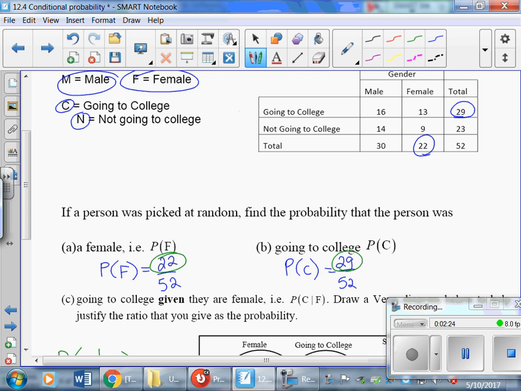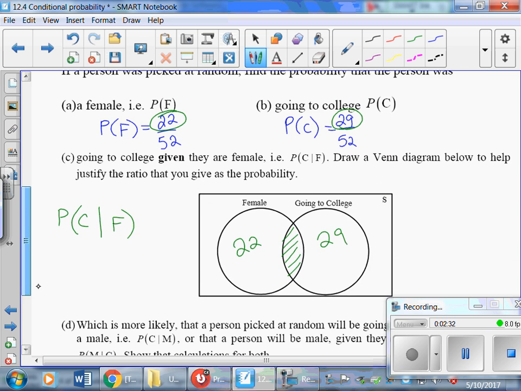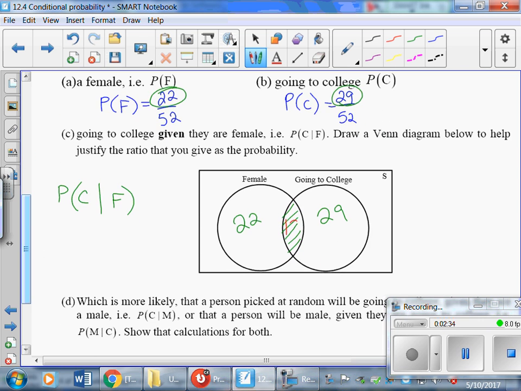Going to college is right here. Female is right here. Where they meet is right here at 13. So in my Venn diagram, I'm going to have a 13 in here, which means if I take 13 out of this one, I'm really going to have 9 in this side. And if I take away 13 here, I'm going to have 16 in this side. So that's what my Venn diagram looks like.